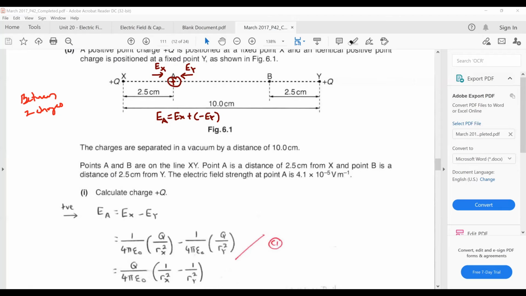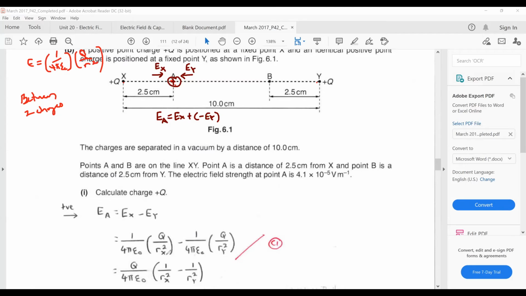Then, as mentioned just now, EX will be between this one and this one. This is a 2-point charge. EY is between this and this. Again, it's a 2-point charge. So I can straight away use the equation for E, which is 1 over 4 pi epsilon naught Q over R squared.